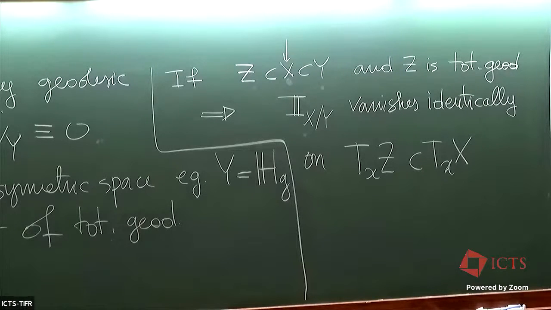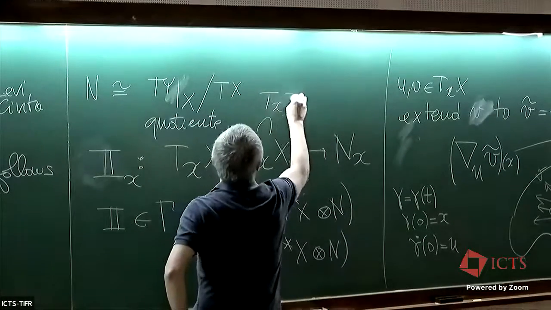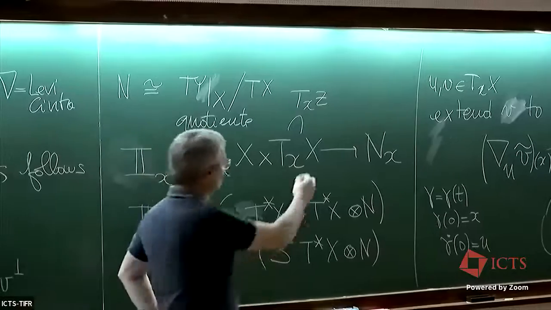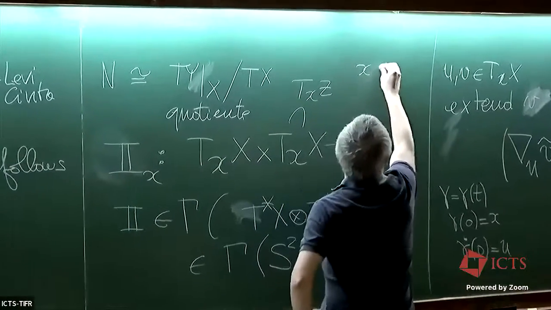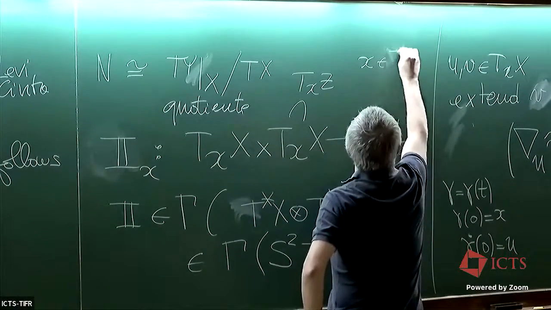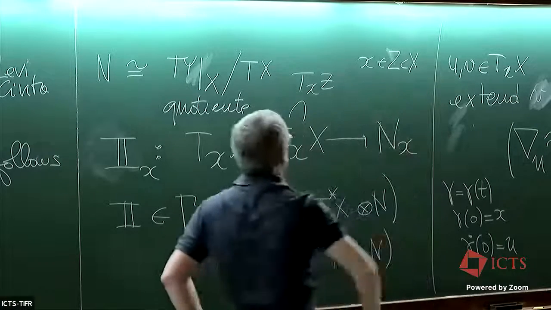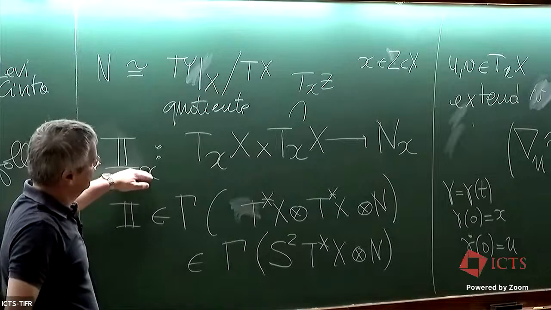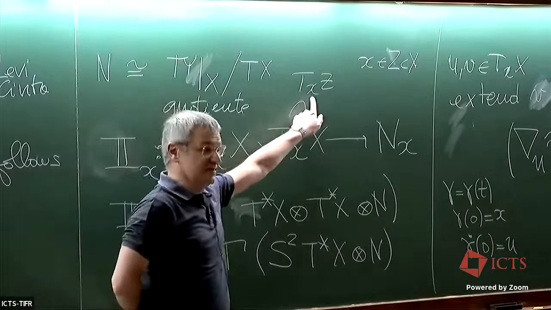Inside here we have the tangent to Z. Of course, this works if I choose Z inside here. And then the second fundamental form vanishes identically if the two vectors belong to this subspace.